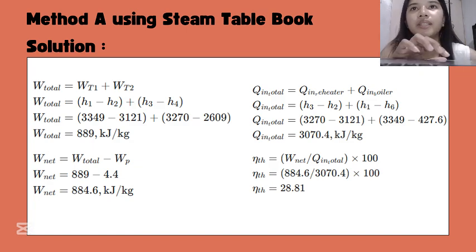Finally, we can determine the thermal efficiency of the cycle by dividing the net work output by the total heat input and multiplying by 100%, resulting in 28.81. In conclusion, the calculated thermal efficiency of the ideal Rankine cycle under the specific condition is 28.81. This indicates that 28.81 of the heat energy supplied to the cycle is converted into useful work output.